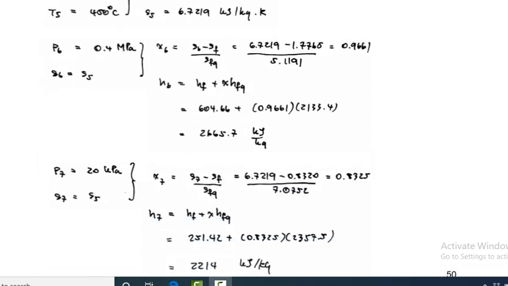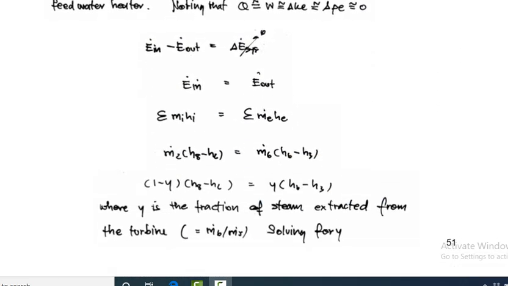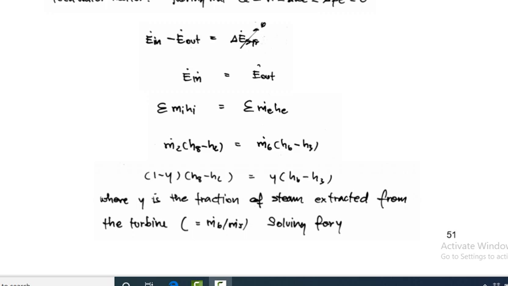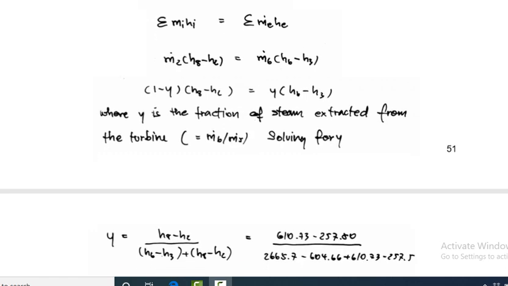From this diagram we put the equation: m dot 2 equals h8 minus h2, and m dot 6 equals h6 minus h3, and putting the values, (1 minus y) times (h8 minus h2) equals y times (h6 minus h3). Here y is the fraction of steam extracted from the turbine, m6 by m5. Solving this gives the fraction of steam.